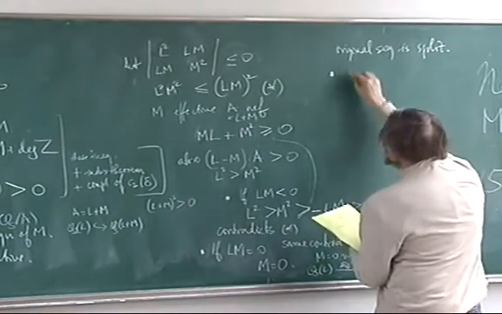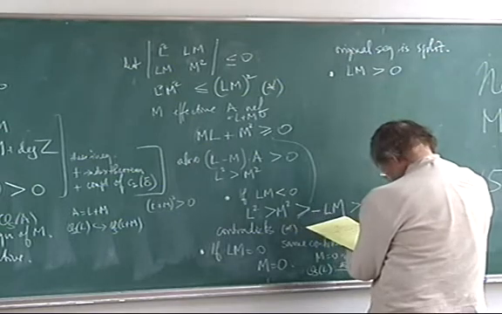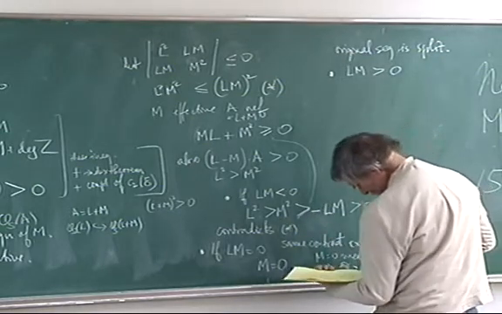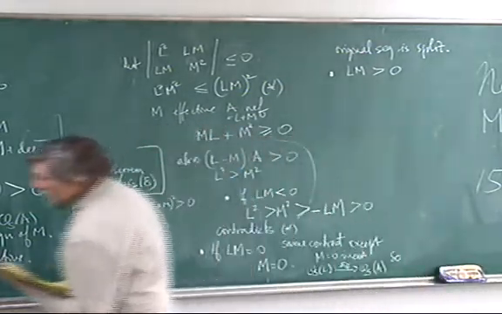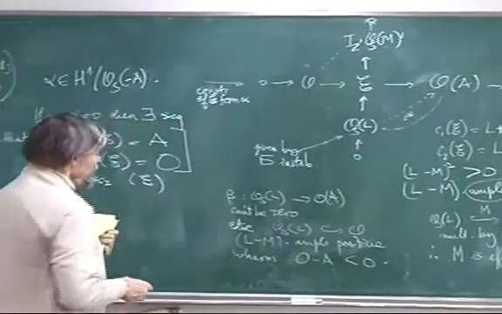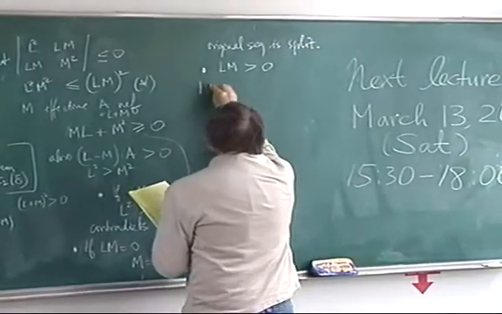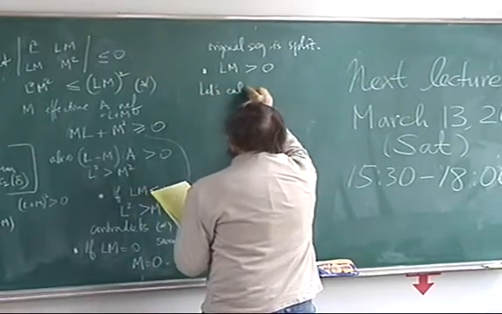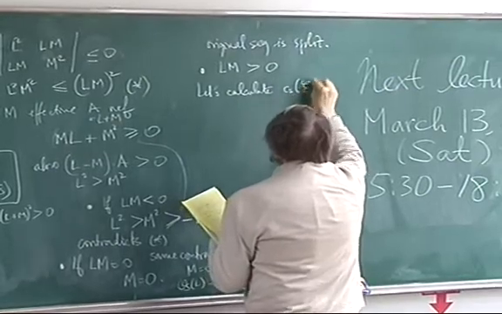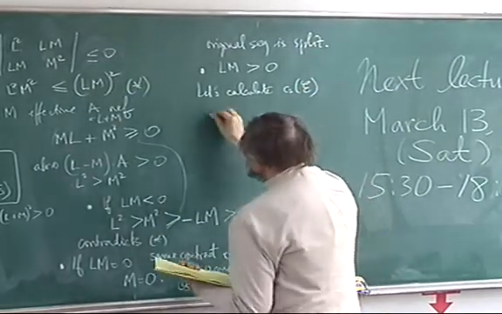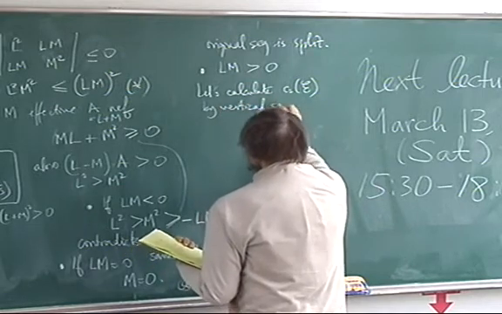So if LM is greater than 0, let's calculate C2 by the vertical sequence.